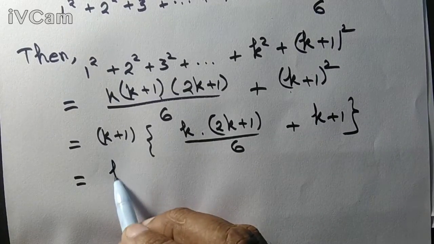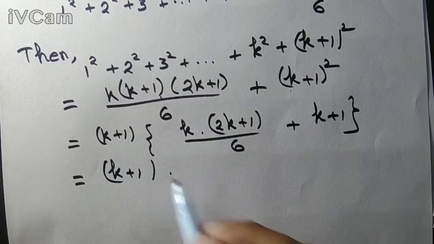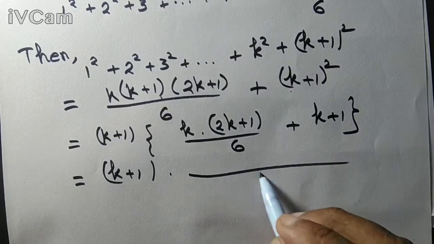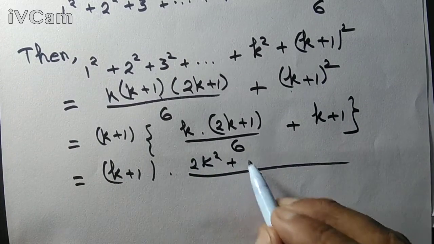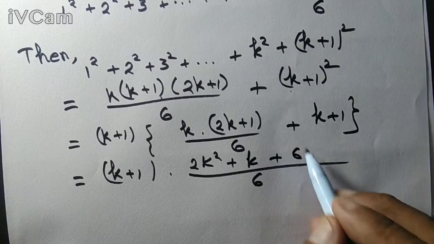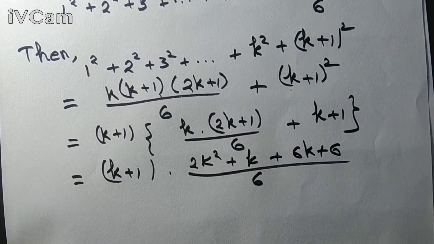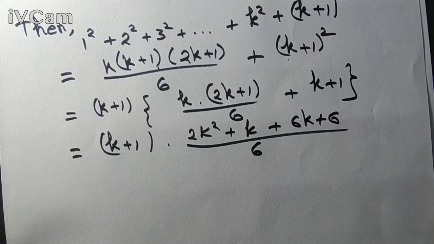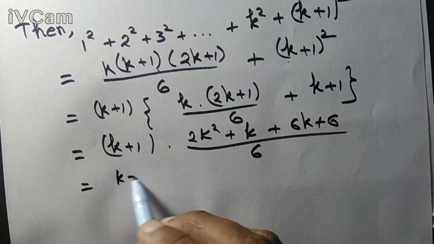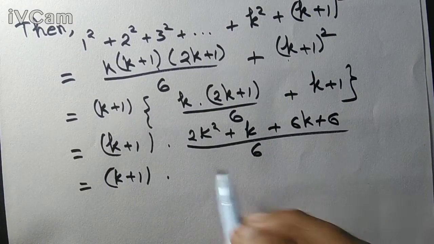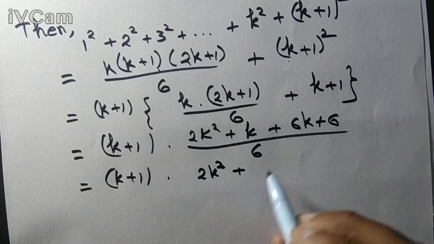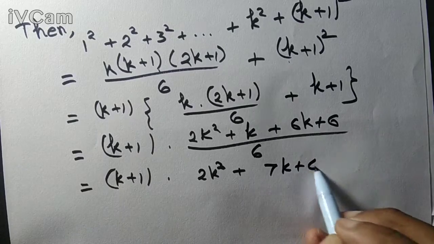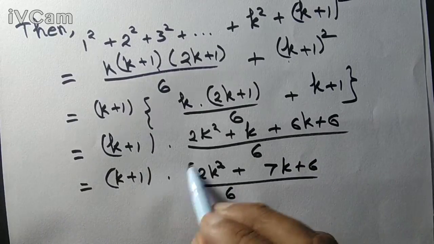This is equal to k plus 1 times, taking the LCM 6, 2k square plus k plus 6k plus 6, that we can simplify as 2k square plus 7k plus 6 by 6 as it is.